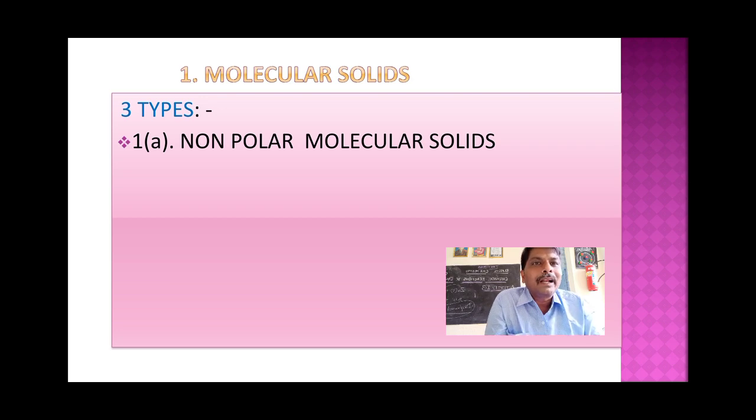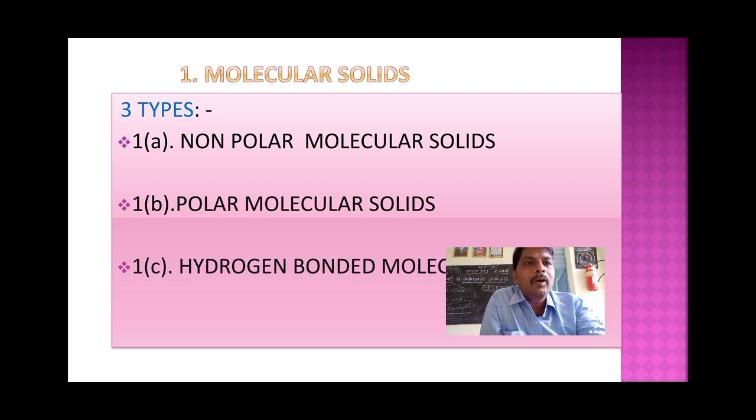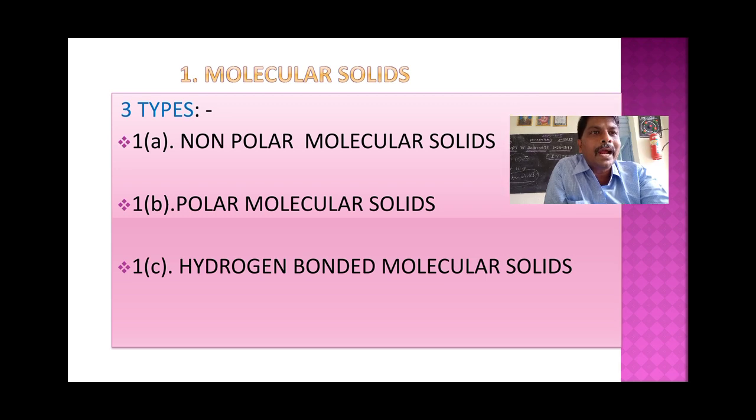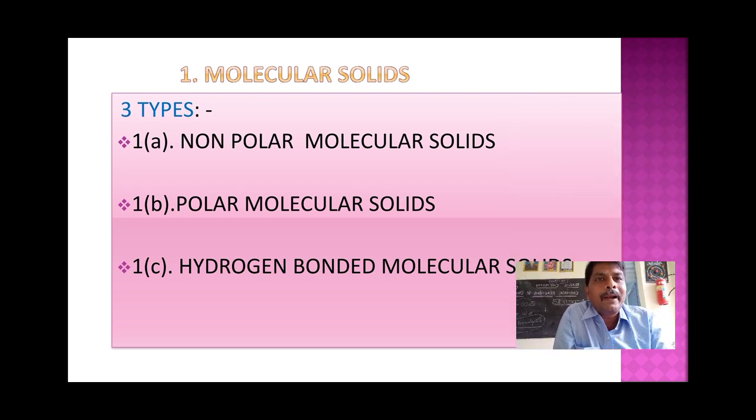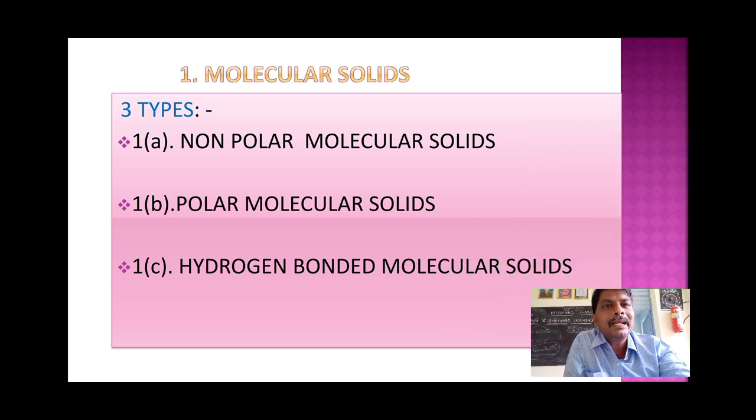One is A, non-polar molecular solid. Second one is B, polar molecular solid. Third, C, hydrogen bonded molecular solid. Clear? Now we will discuss one by one clearly.